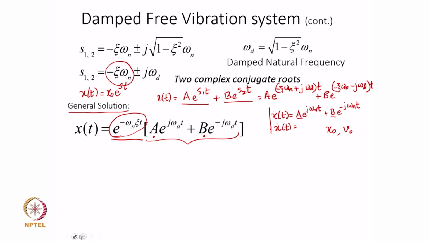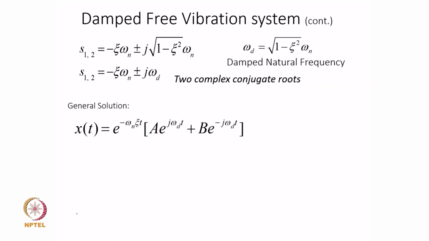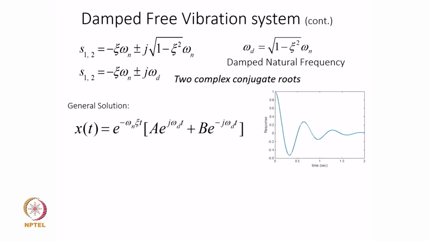I showed you the typical response that we are all aware of, that it is going to be a sinusoid with a frequency equal to omega d. So, the time period between these two peaks for one cycle is, as we can expect, 2 pi over omega d. Omega d is the damped natural frequency.